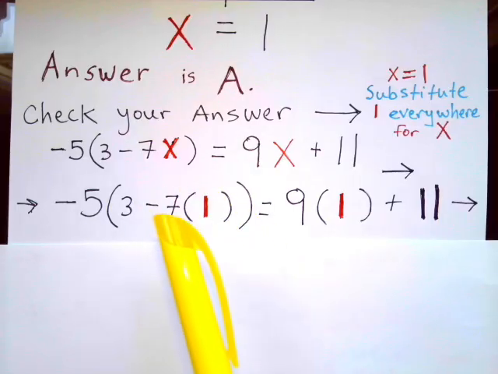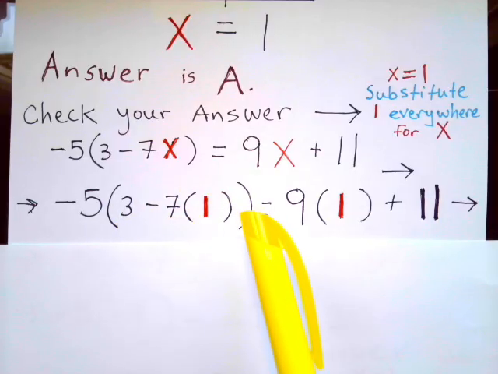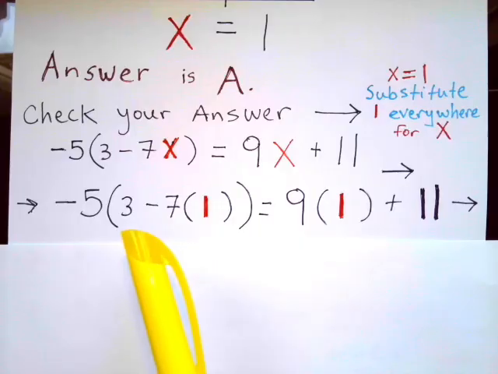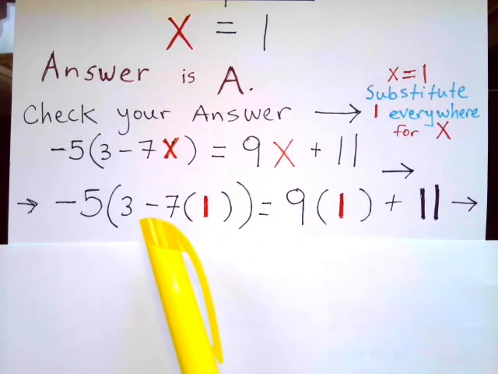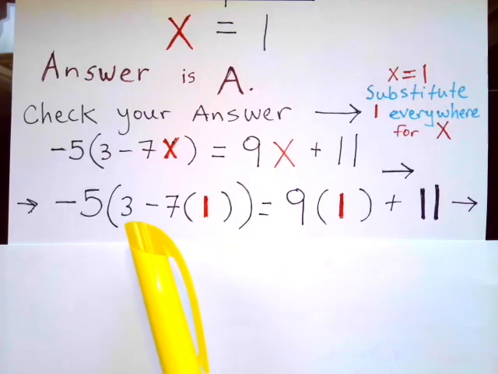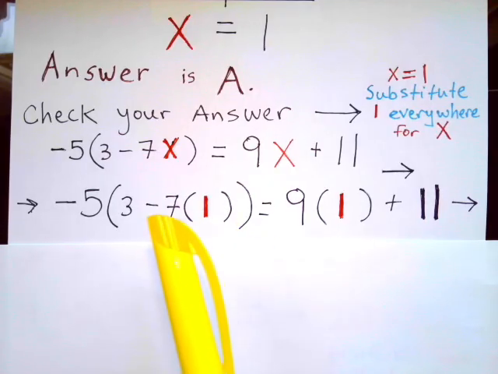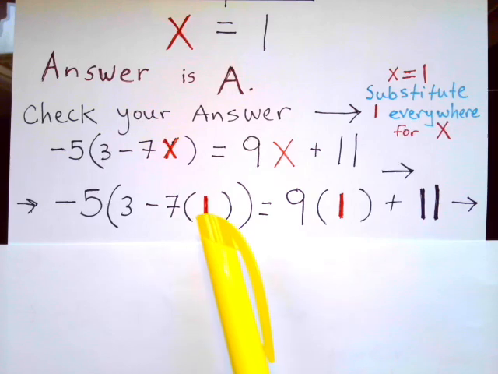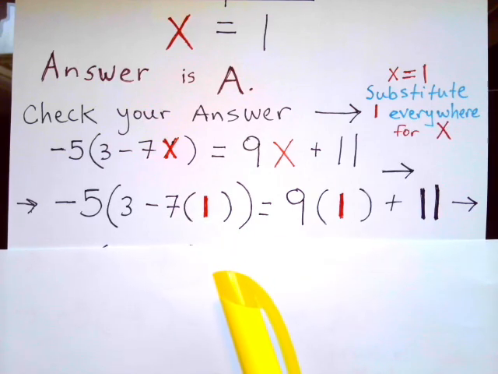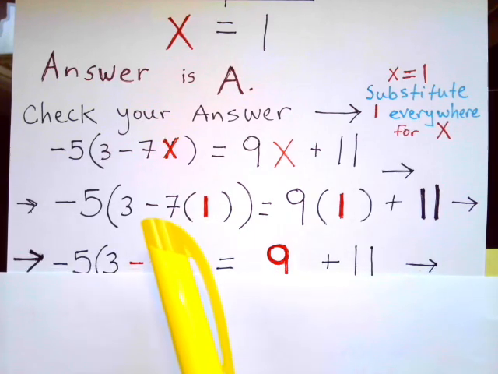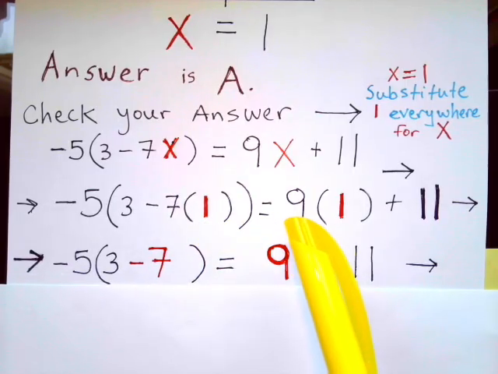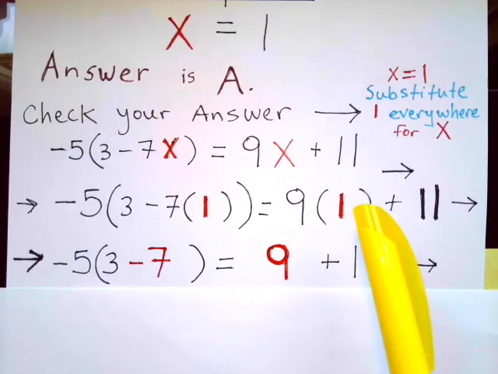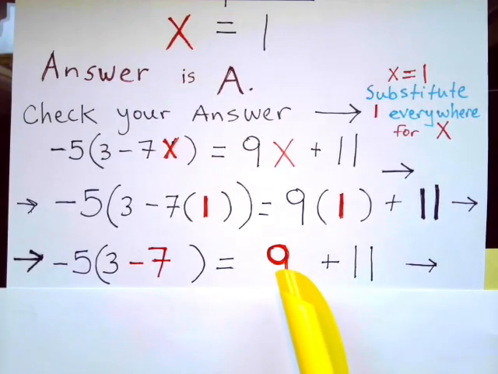Are there any exponents inside the parentheses? No exponents inside of here. PEMDAS, multiply, divide. Can I multiply or divide inside of the parentheses? Yes, negative 7 times 1. So that's the first step I'm going to take. I'm going to multiply negative 7 times 1, right? And then on the right side of the equal sign, I can multiply 9 times 1 to get 9.